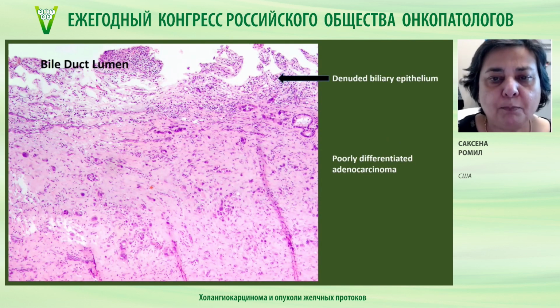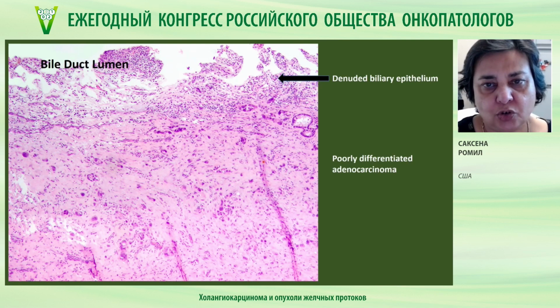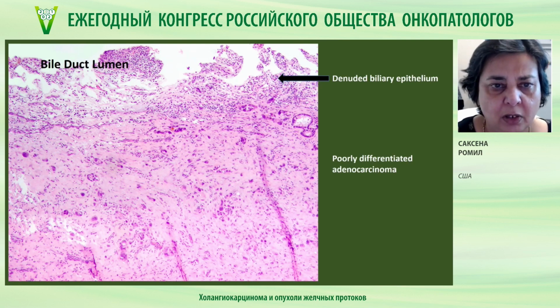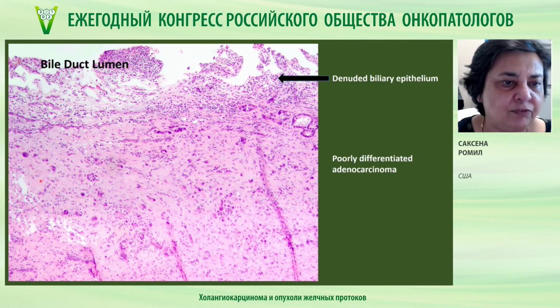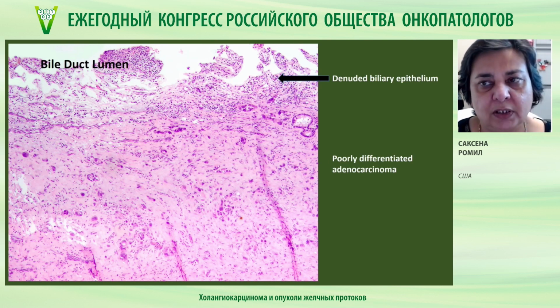Now, this is a very poorly differentiated cholangiocarcinoma. So we have some gland formation here, but the rest of it is really single cells, highly pleomorphic, very hyperchromatic, that are infiltrating the wall of this bile duct. Very often, these patients present with biliary obstruction and jaundice, and they get stented.